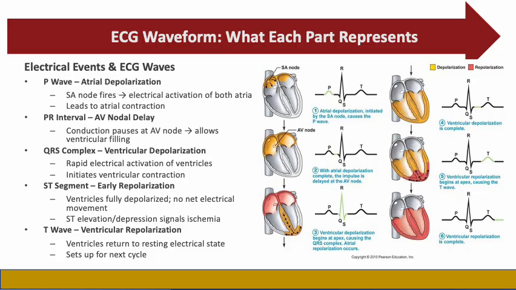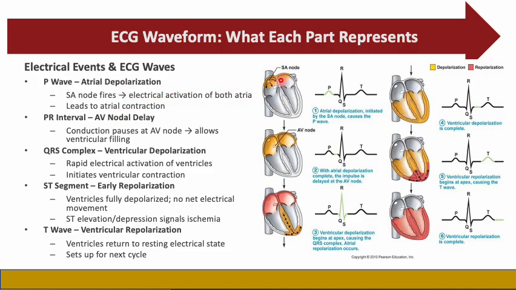Okay, so this next area we will be talking about arrhythmias, but before you get into arrhythmias, just want to do a quick review over an ECG or EKG, the waveform, and just discuss a little bit about what each part represents. So in the EKG, you're looking for P wave, Q wave, R, S, and a T. So the P wave represents atrial depolarization.